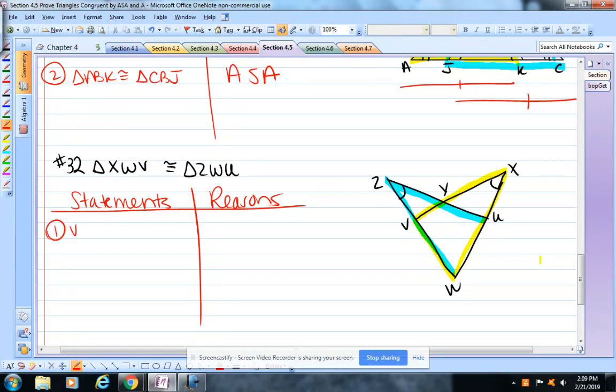So I'm going to say segment VW is congruent to segment UW. And angle X is congruent to angle Z. Are these all marked? My sides aren't. VW, which is right here, the yellow line, right? It's congruent to UW.